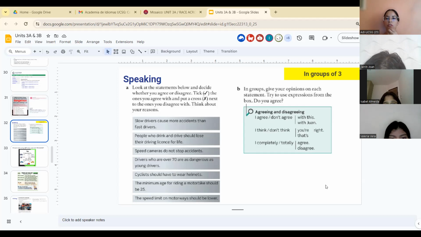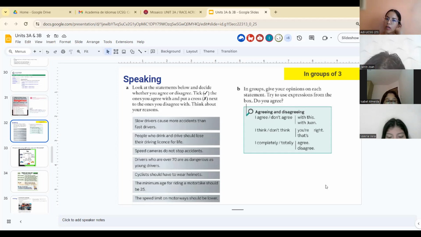Okay. And you, Isabel? What could be another good reason? I think that is really true because if you drink at the same time as driving, it's 90% that you can lose your license for all your life.